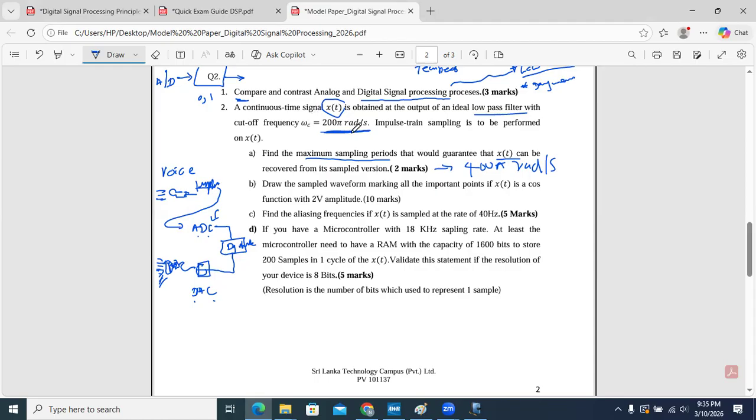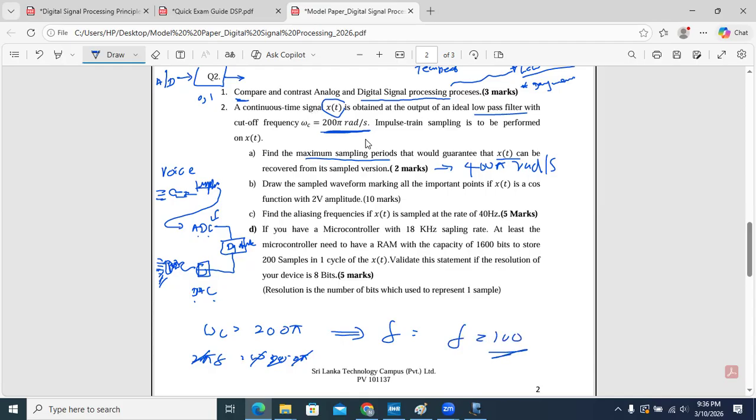Sometimes they may give you f here. If f is given, and if omega c is 205 radian per second, what is f? You know that omega is equal to 2πf, so omega is 205 divided by 2π, so f will be 100.